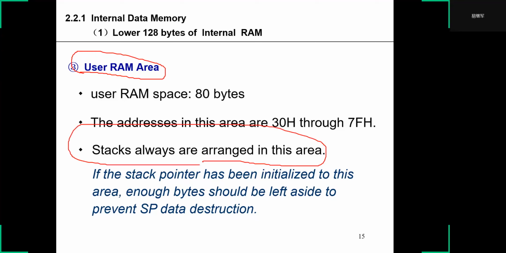If the stack pointer has been initialized to this area, enough bytes should be left aside to prevent data destruction. If you arrange the stack in this area, you need to be careful to leave enough memory for your stack.